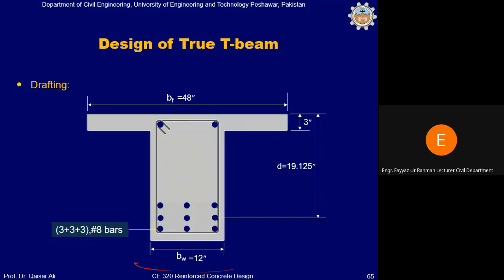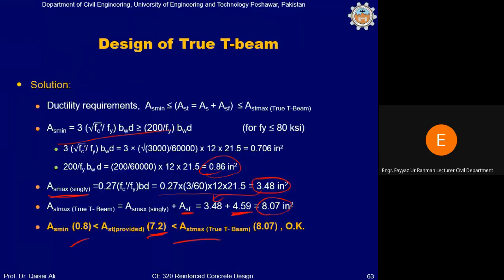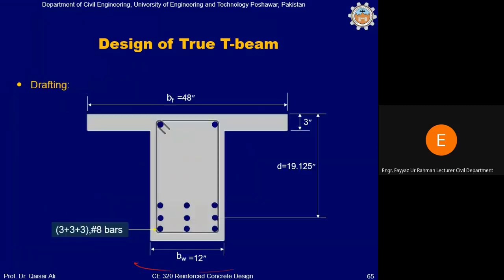Now, if we provide these bars in 3 layers, and 9 number 8 bars are required, if you provide 9 number 8 bars in 3 layers, 3 plus 3 plus 3 number 8 bars.